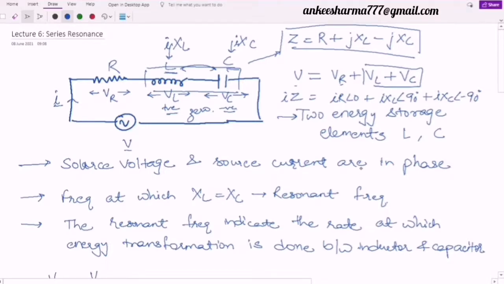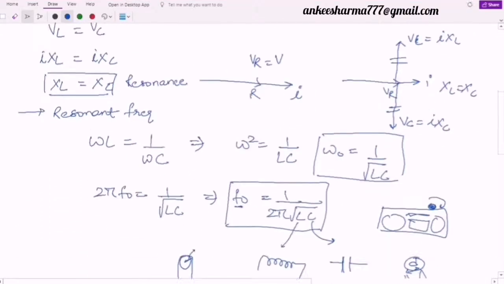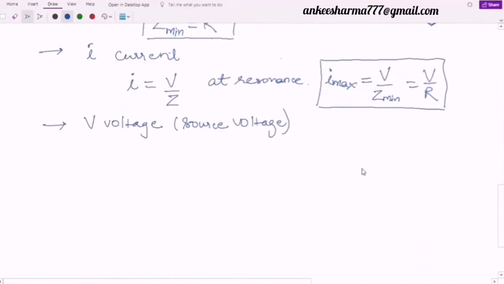Or simply I can say here that VL plus VC at this point will be equal to 0. Due to that, our source voltage V will be equal to VR. So one more thing we can derive from here is that our source voltage V will be equal to VR.